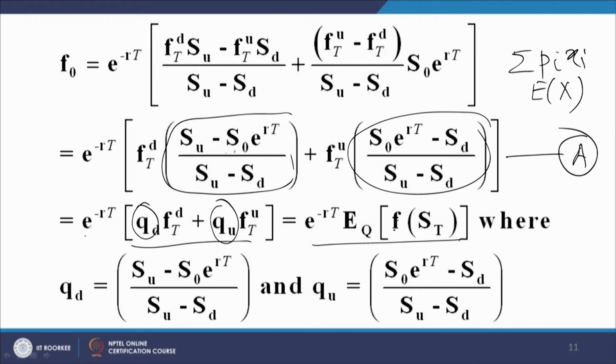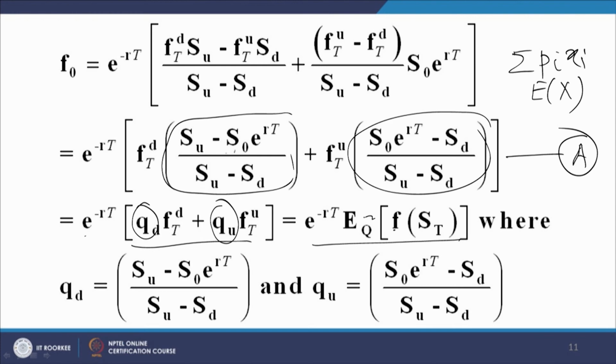F s t would be the corresponding value of the derivative in relation to each possible value that s t could take in the spectrum of possible values. So, f s t would be different values that the derivative payoff could take. E of f s t is what? It is the expected value, it is the mean value of all these possible payoffs that the derivative could give you corresponding to each value that s t could take.